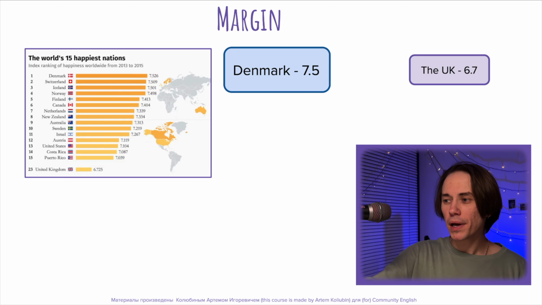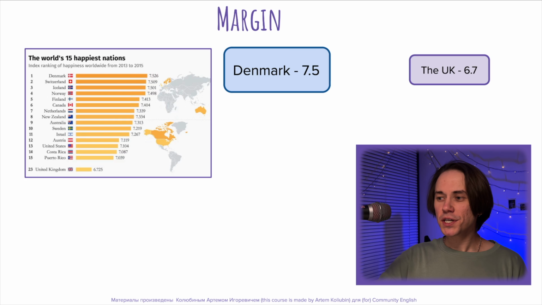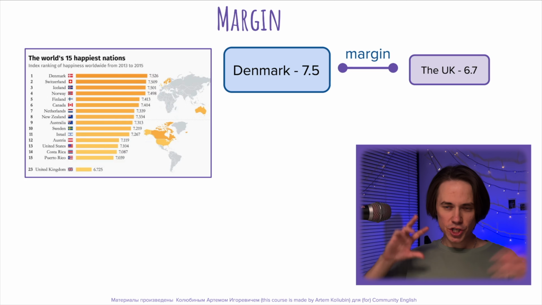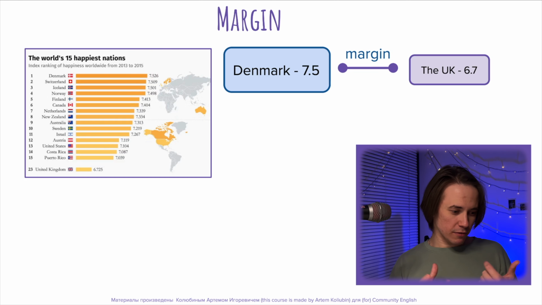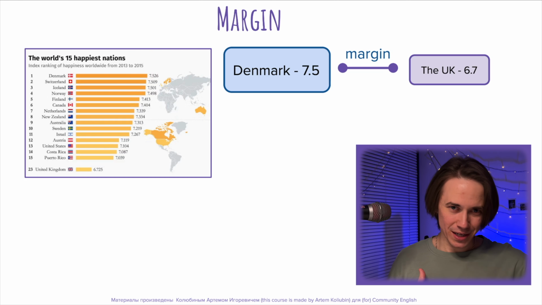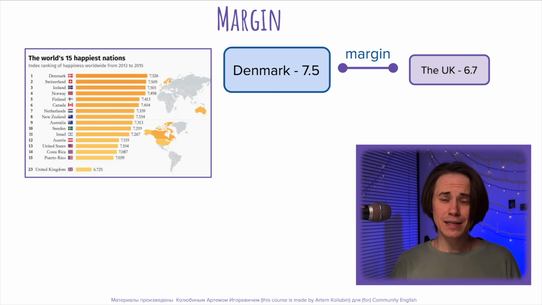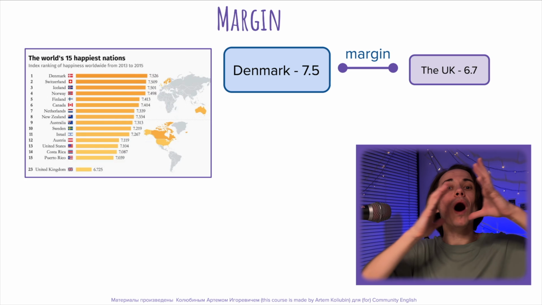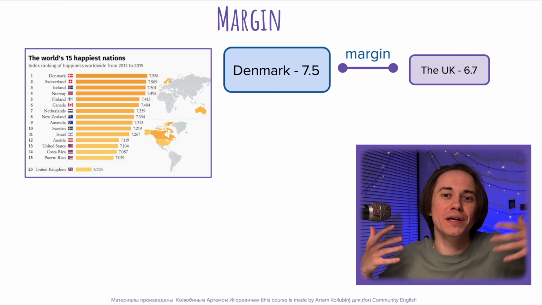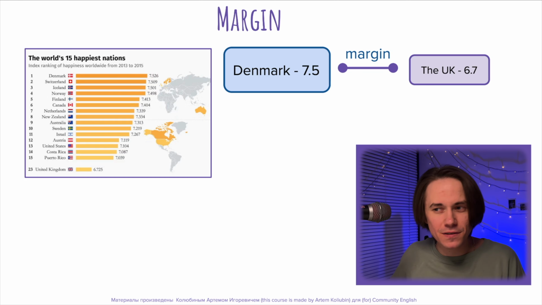So if we compare those two, we can see that there is a great deal of margin between them. In this context, if we translate it into normal English, it's basically difference. So when we talk about margin, we talk about difference in statistics. Here we can see a wide margin. So big margin, wide margin, big difference.